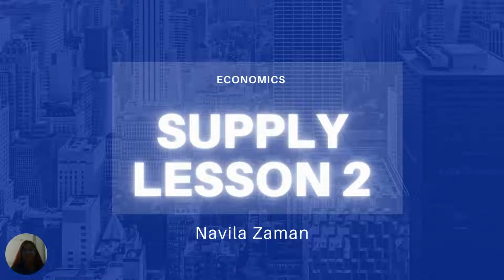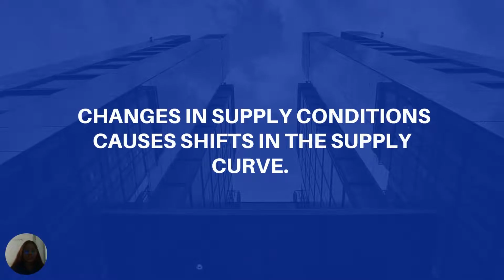So let's get started. A changing supply occurs when the conditions that face a supplier alter. In such a situation, a different quantity will be offered for sale at each price. Therefore, supply may increase or decrease.